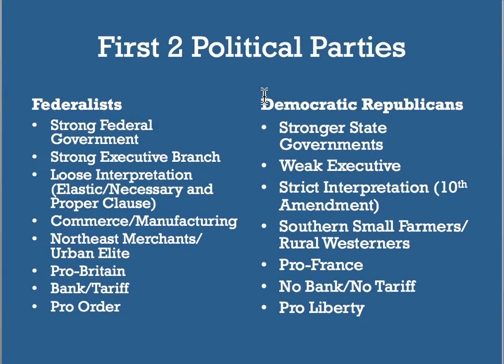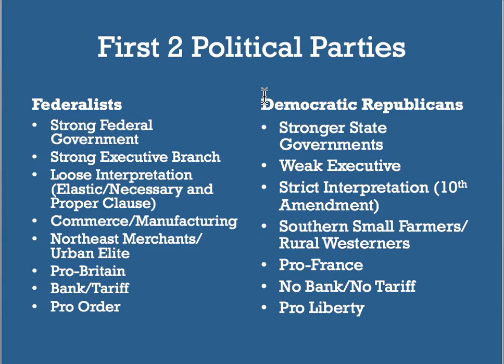The first two political parties are the Federalists, many of those same Federalists from the ratification of the Constitution that believe in a strong federal government with an executive branch who is strong and active. They believe in a loose interpretation of the Constitution, so using the elastic, necessary, and proper clause to stretch the government when needed. They believe you can do anything, governmentally speaking, as long as the Constitution doesn't say that you can't do it.